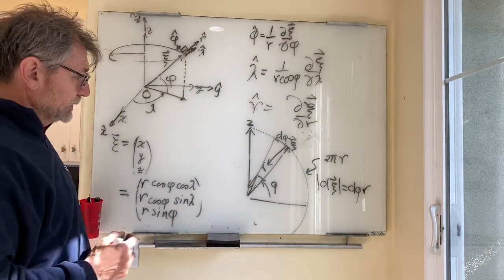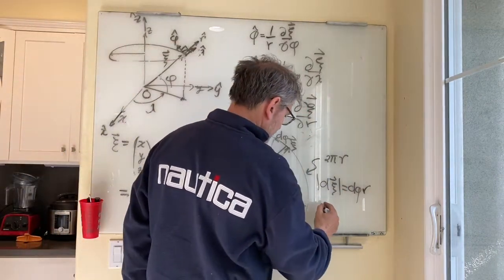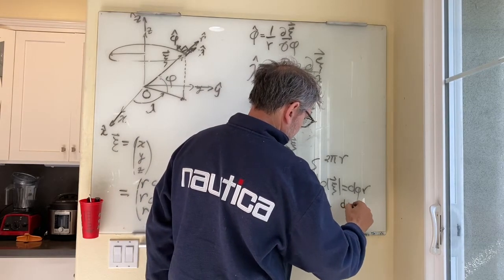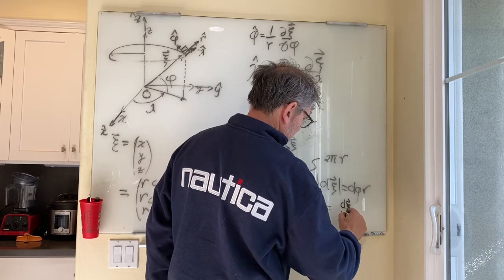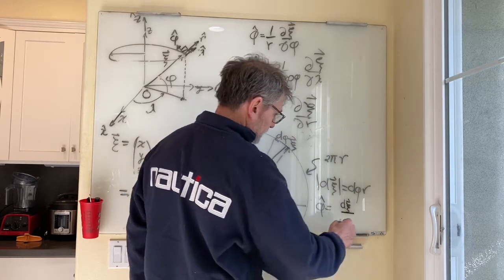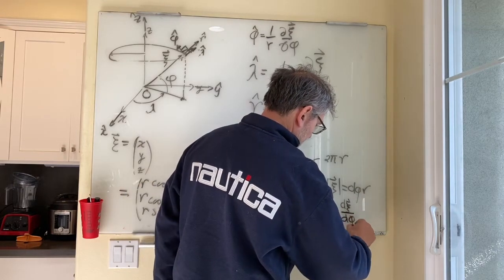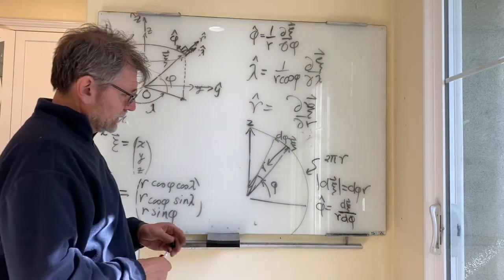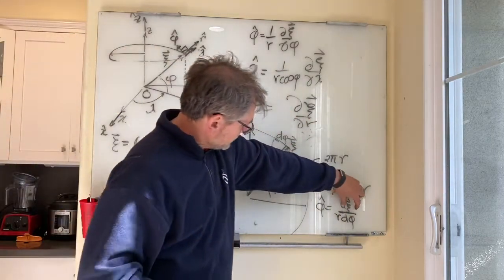So phi hat is going to be equal to d xi vector divided by d phi and r, right? And that's going to make sure that this is a unit length, because this length here is d xi.